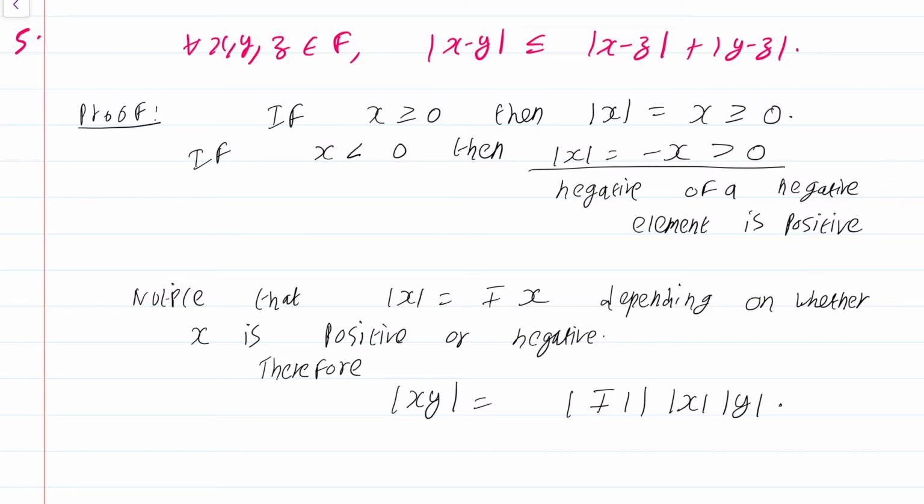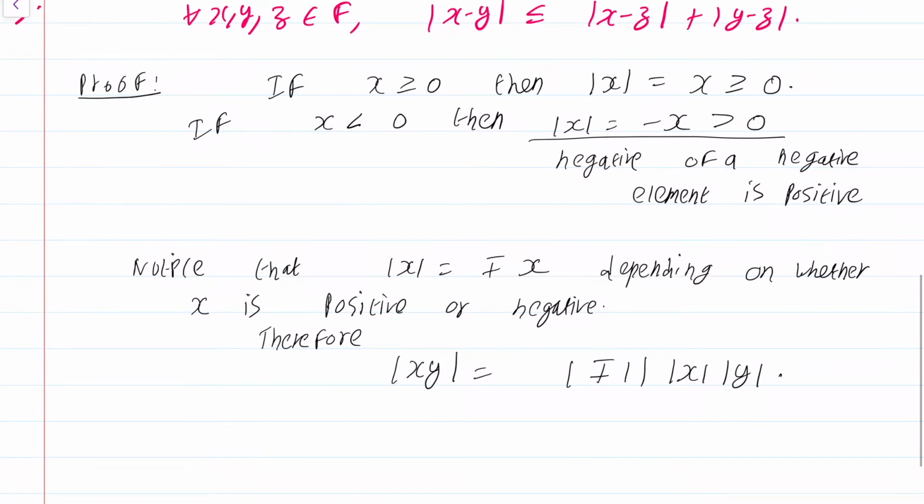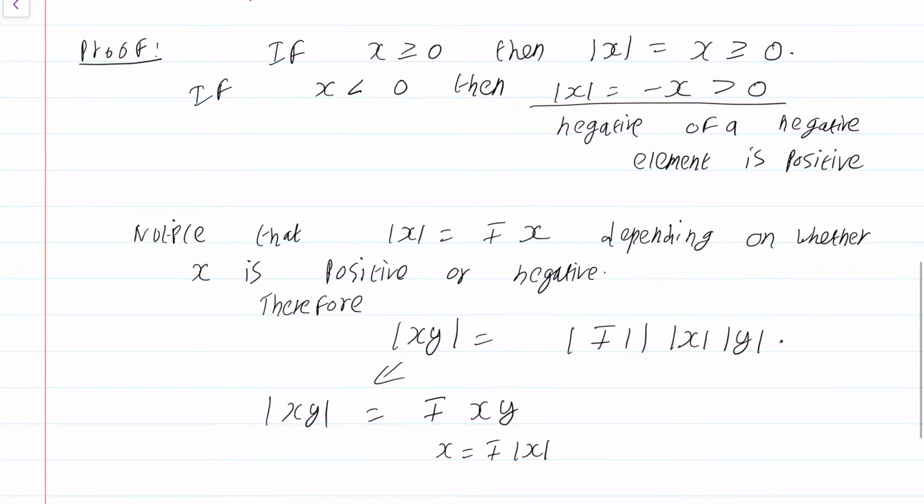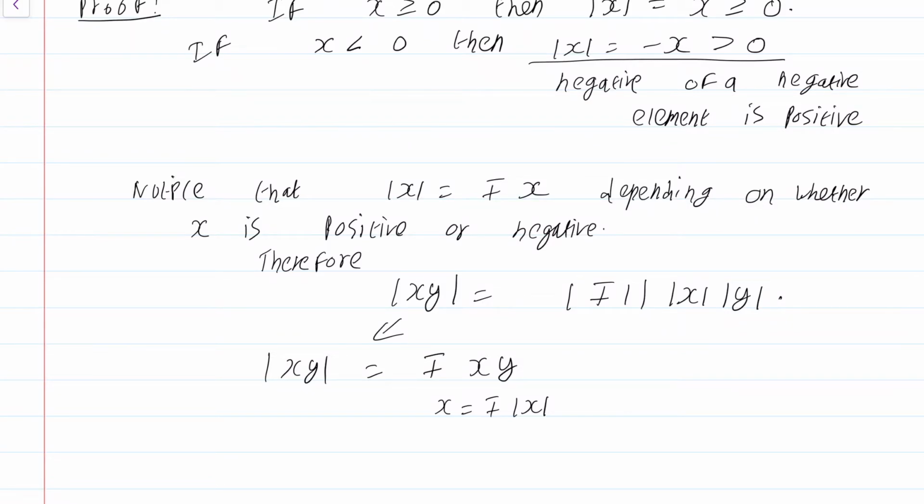How did I get this? Well, mod xy has to be plus or minus xy. And we already know that x is going to be plus or minus mod x. I'm just reversing the role. Mod x is plus or minus x, therefore x has to be plus or minus mod x. Similarly, y has to be plus or minus mod y.